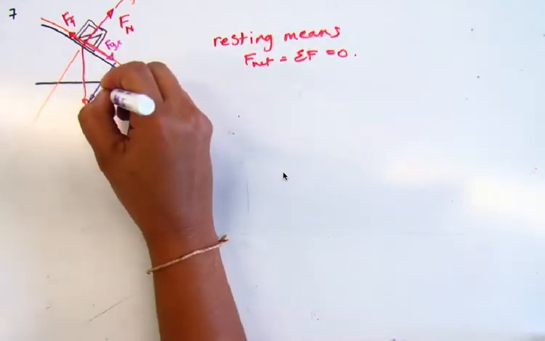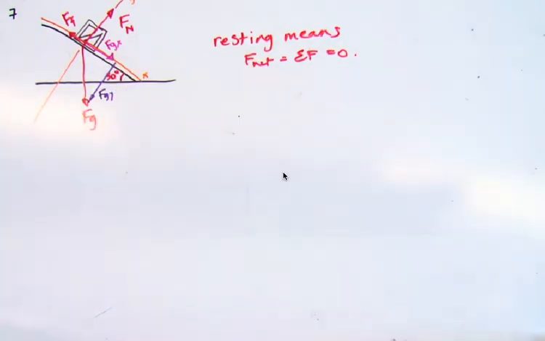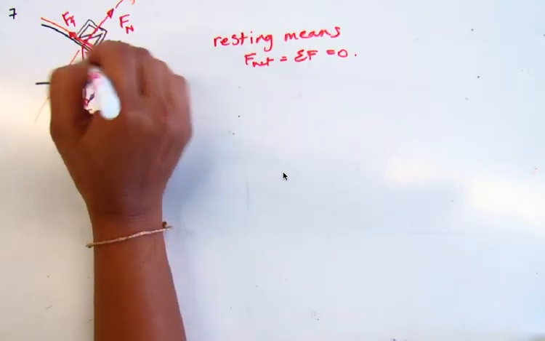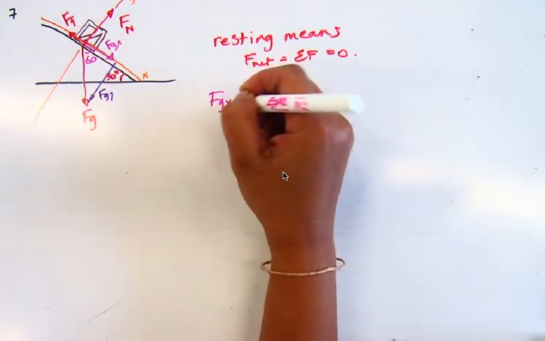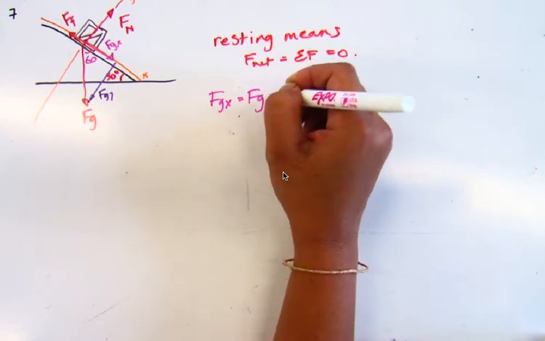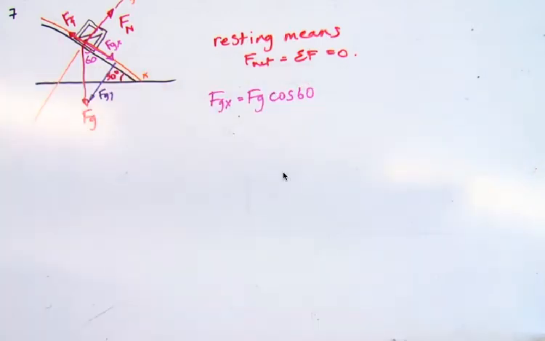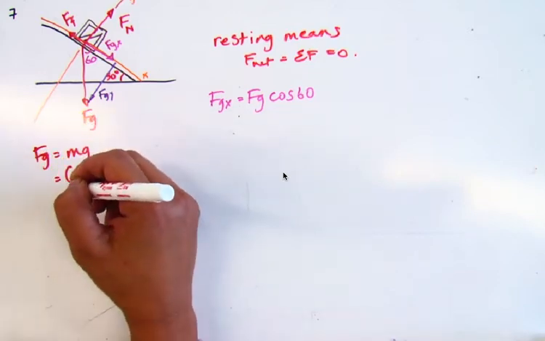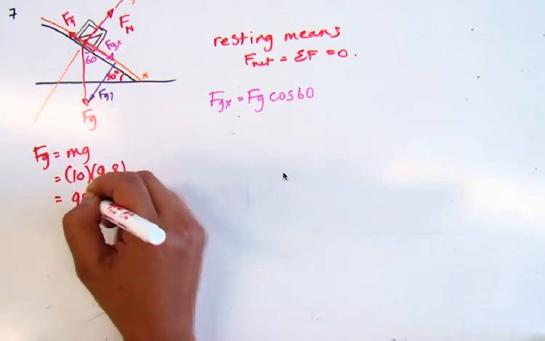So then solving this question. All right, looking at this question, this angle's 30, which, having done this a few times now, should tell you that this angle is 60. So to find FGX, we're going to say FG cosine of 60 degrees. Now, what is FG? Well, we can solve that right now, because FG is just equal to mg. The mass in this example is 10, so 10 times 9.8, which equals 98 newtons.